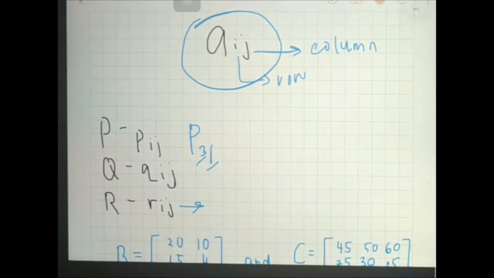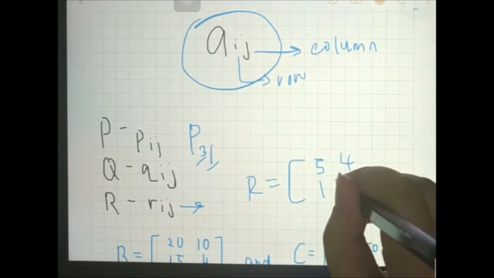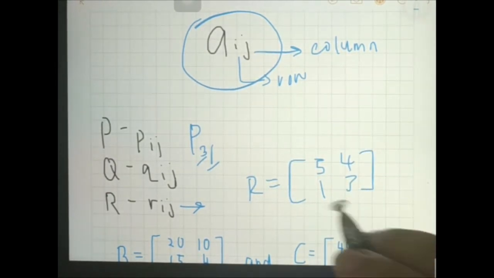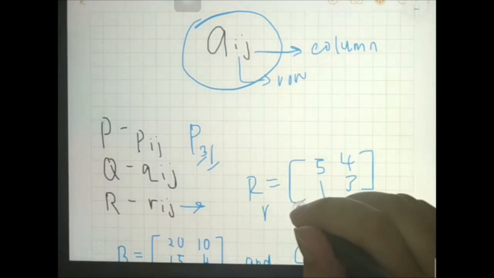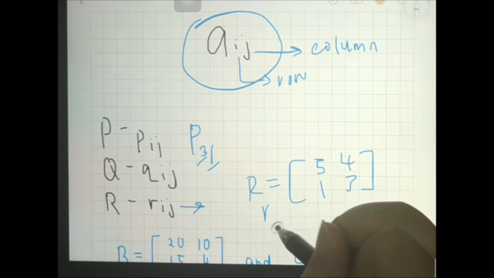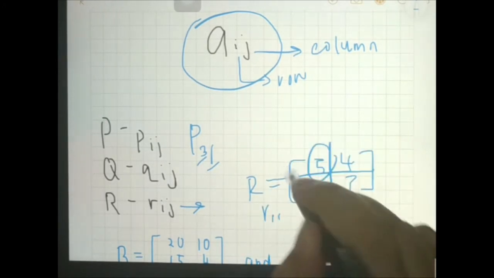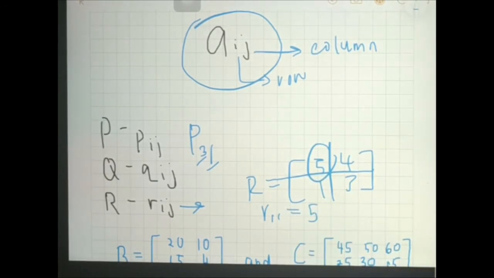Say the matrix is R, like R 5, 4, 1, 3. This is matrix R, and I want to find element r 1 1 in matrix R. Then I look at the first row and the first column, which is 5. So it's 5. Alright?